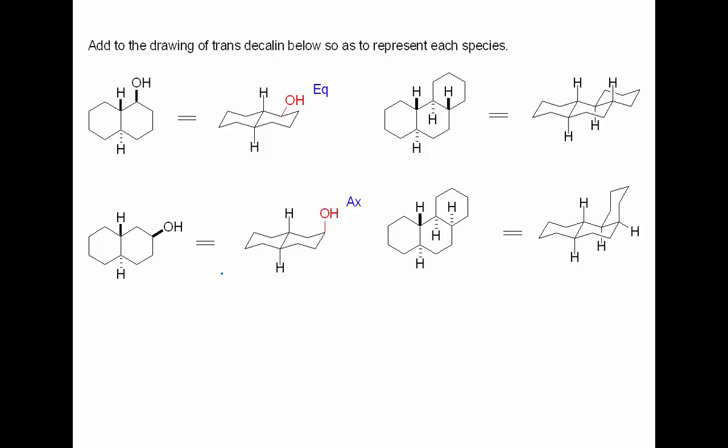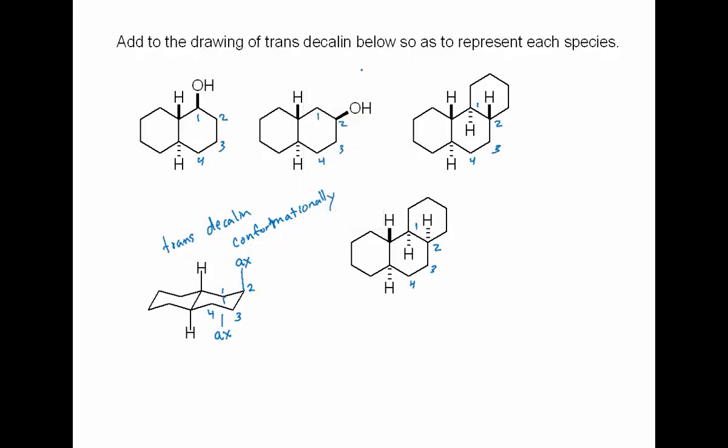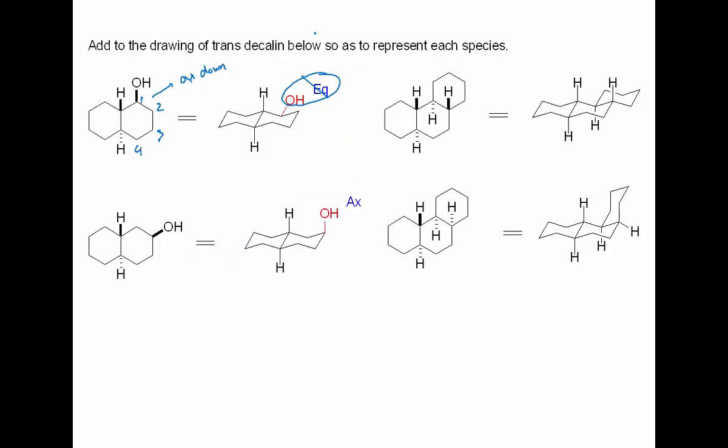All right, so here, remember, axial is down at carbon 1. So that means equatorial must be up, so OH is equatorial. Okay, and in the other one, we're just moving it over to carbon 2.